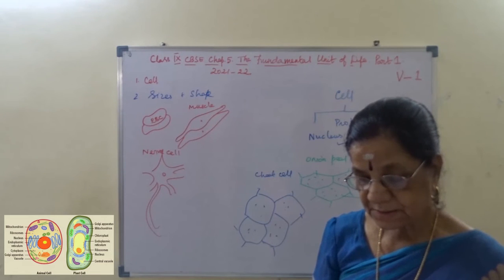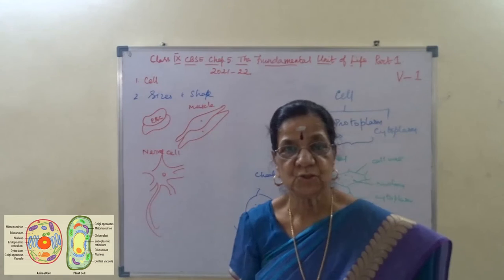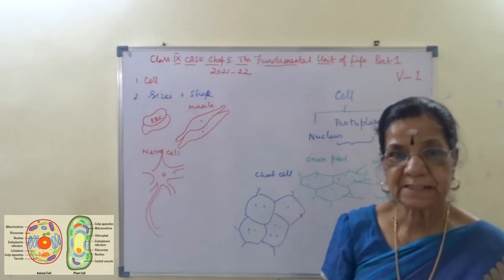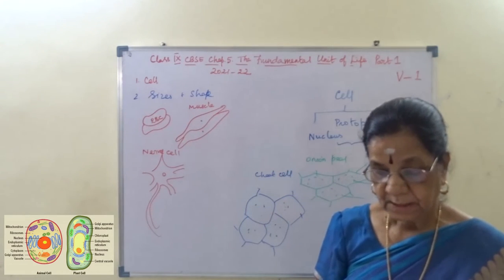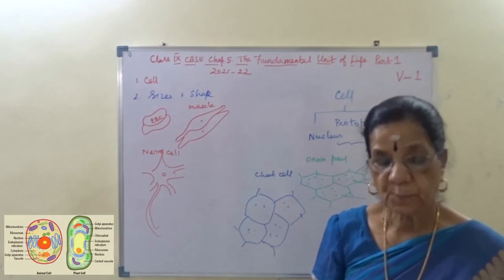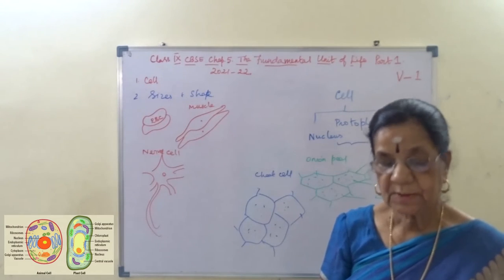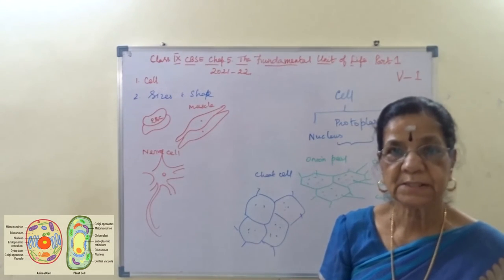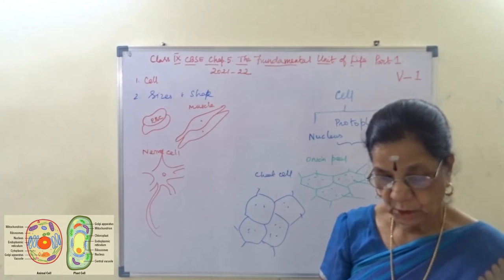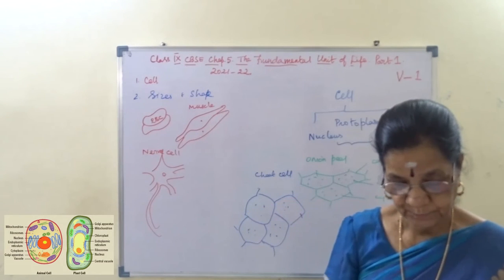Cork is a substance which comes from the bark of a tree, the tree trunk bark. This was in the year 1665. Robert Hooke made this observation through a self-designed microscope, and he called these cells, meaning little rooms.